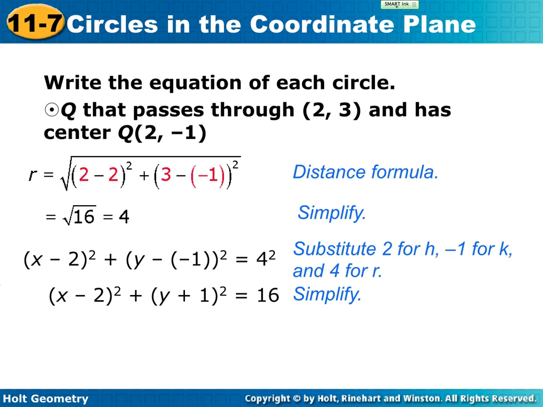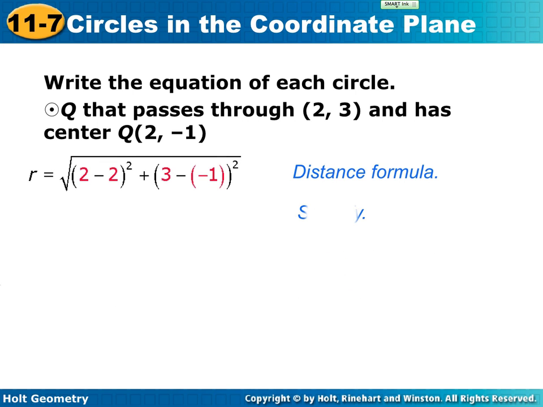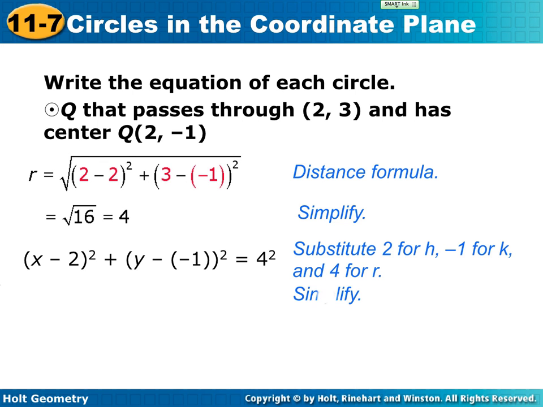Is the center point negative 2, 1? No. Notice the center point is going to be positive 2, negative 1. So maybe go to the line just above. If I go to this one, x minus h. H is part of the center point, and y minus k, the negative 1, is the other part of the center point.